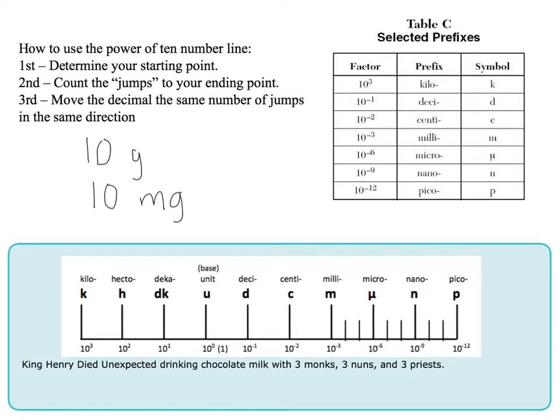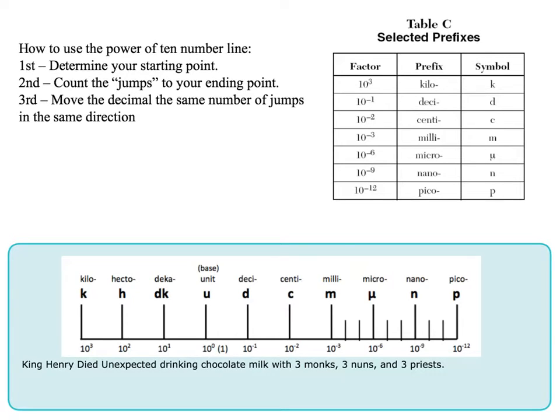Therefore, it is actually 1,000 times smaller than a gram. Most of the medicine we take is prescribed in milligrams and almost never in grams. If you accidentally took a gram when you were supposed to take a milligram, you would be taking a 1,000 times greater dose than was prescribed.